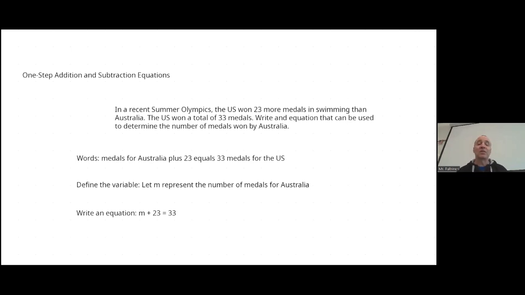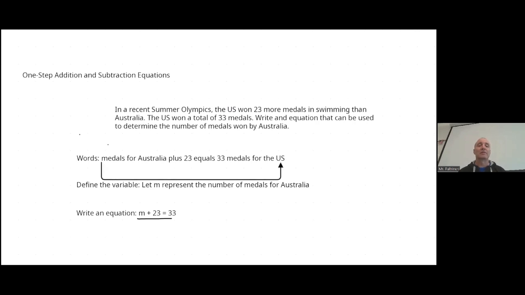Notice that this equation right here is basically the same thing as this sentence that we wrote. I'm trying to highlight this. It's not working. Anyway, notice that this sentence right here is the same as this.